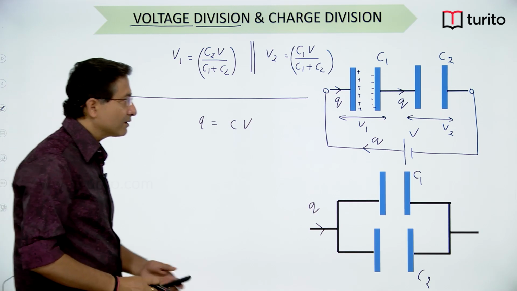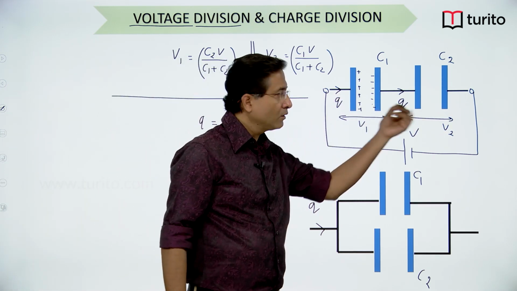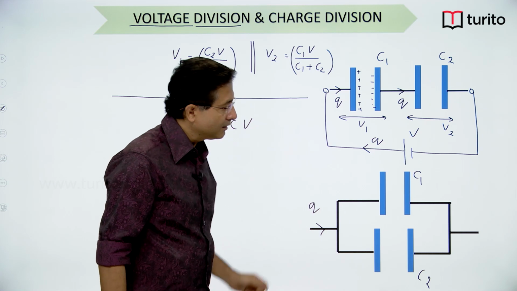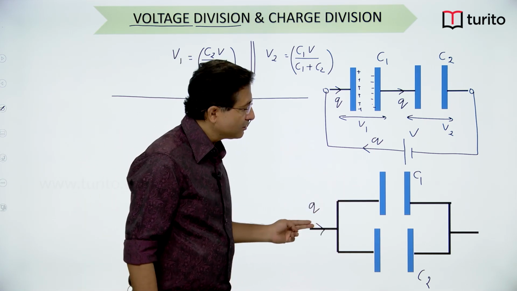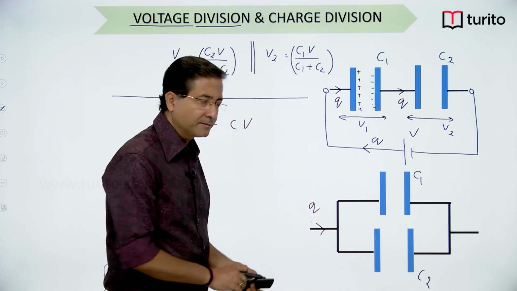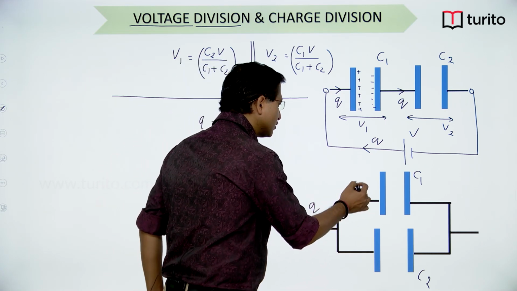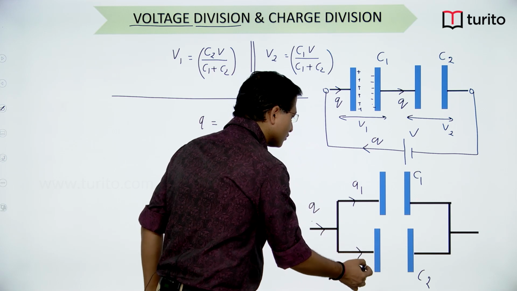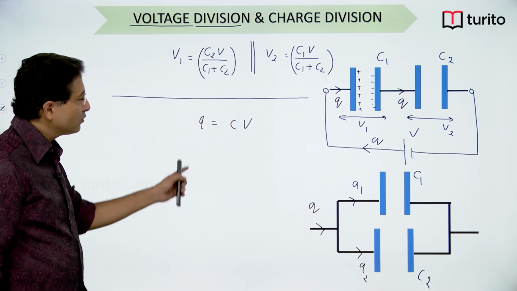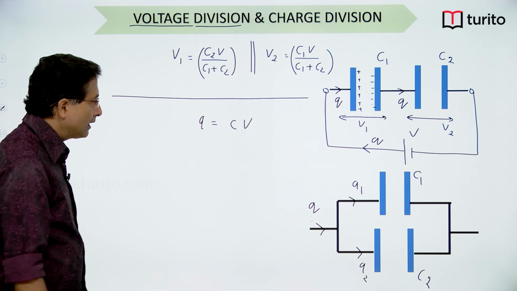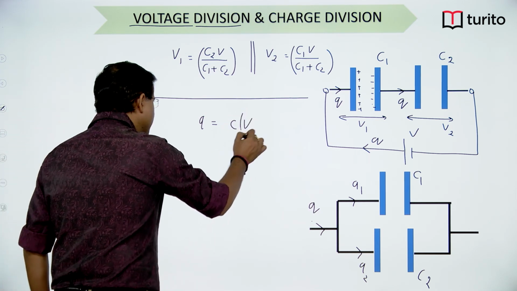In the previous case they were carrying the same charge, voltage was getting divided. In this case, as they are connected in parallel, voltage will be the same, charge will get divided into two parts. So, let Q1 go here and Q2 go here. Q is equal to CV. Here V is same.